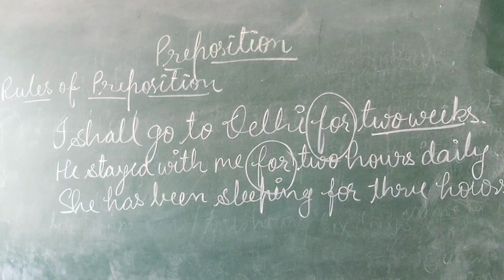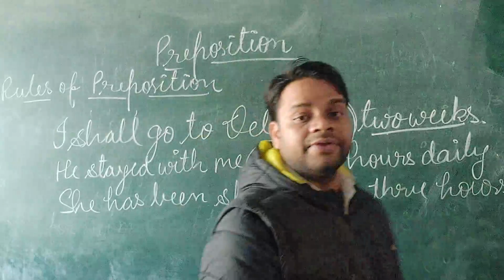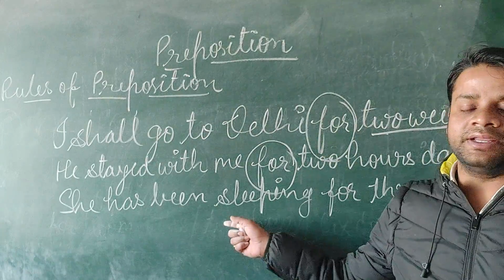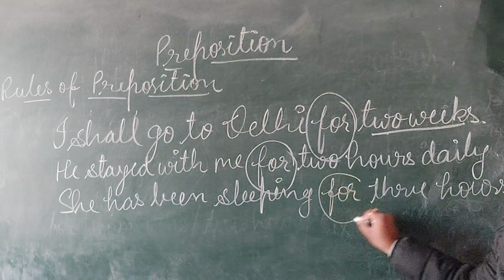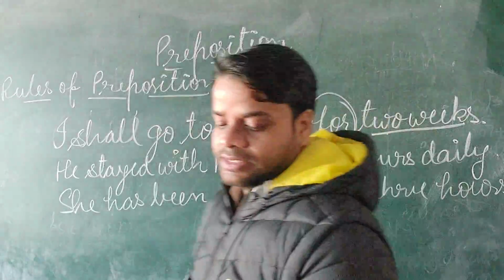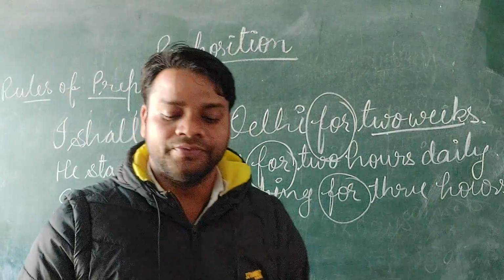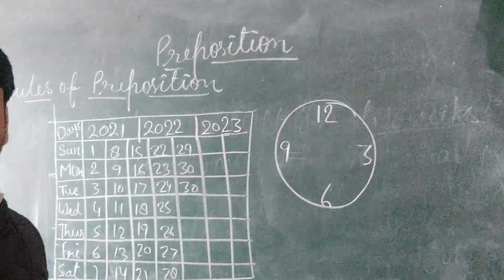Now tell me which hours, morning, evening, afternoon, at what time she has been sleeping. It is not sure. So because of that only, for is used here. So these were the examples of for. Now you will see the difference between for and since.